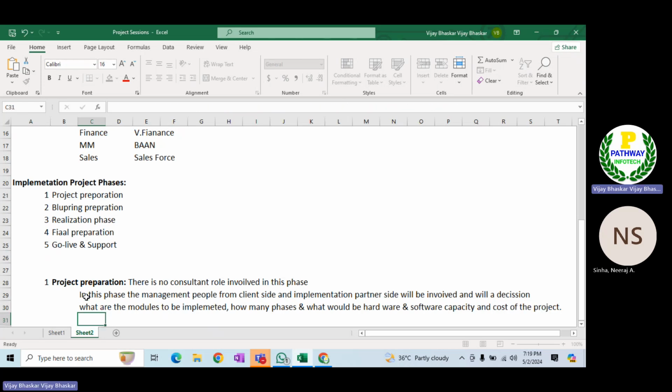Is there any consultant role? By seeing this, the management people will discuss what would be the software, how many consultants are required, and how many phases they want to go.